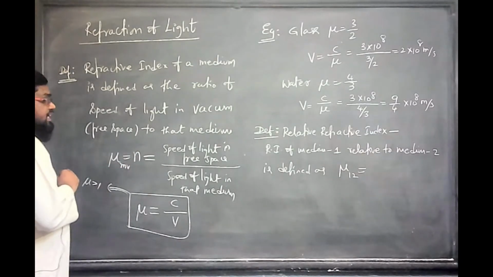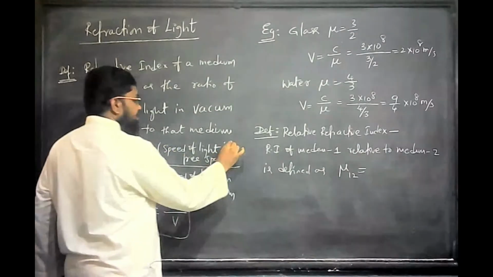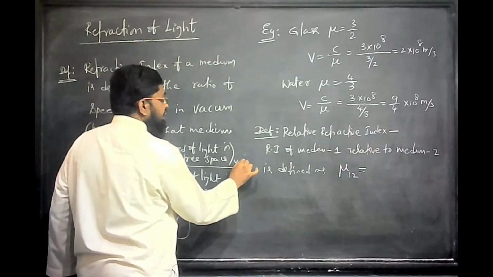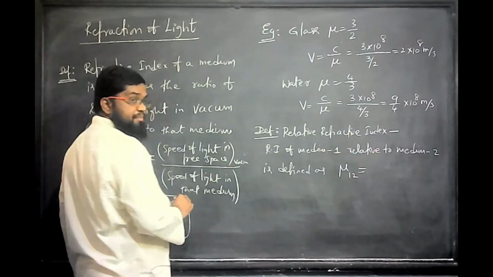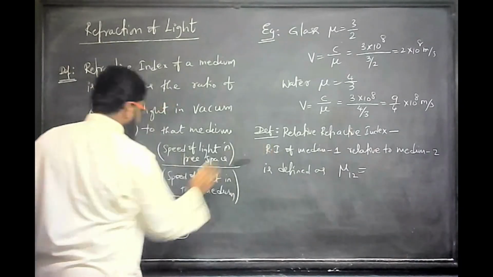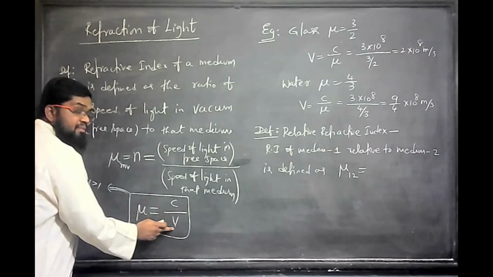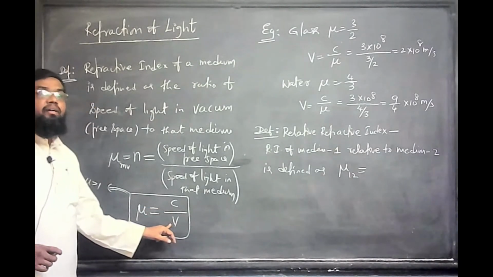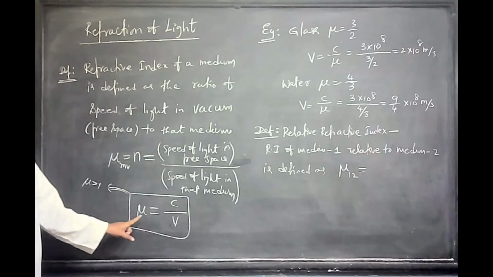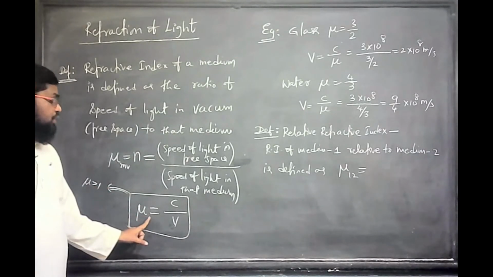That is speed of light in vacuum divided by speed of light in that medium, the refractive index of the medium with respect to vacuum.